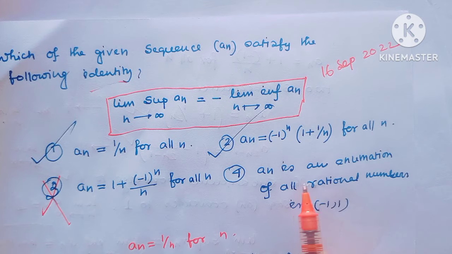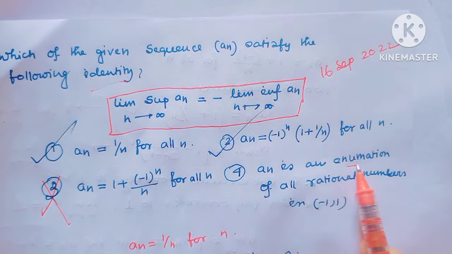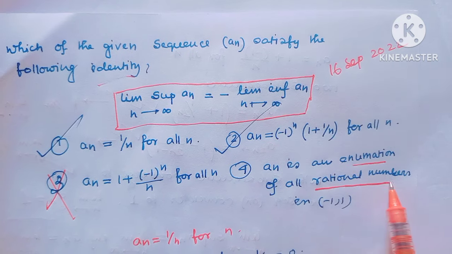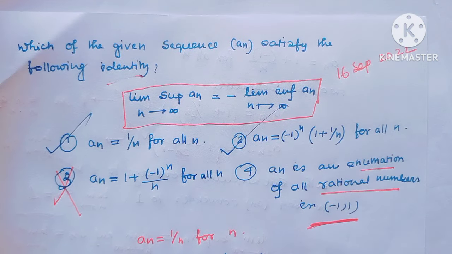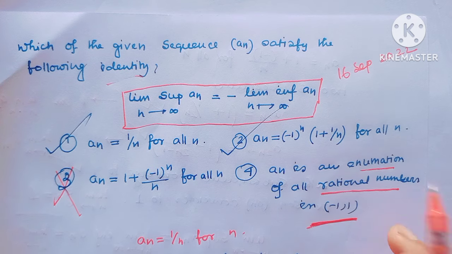Option 4, a_n is an enumeration of all rational numbers in minus 1 to 1. Notice, at first think for yourself what the limit points of this set are.